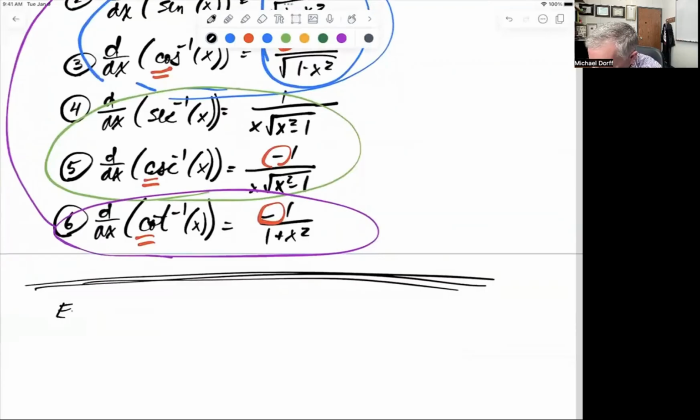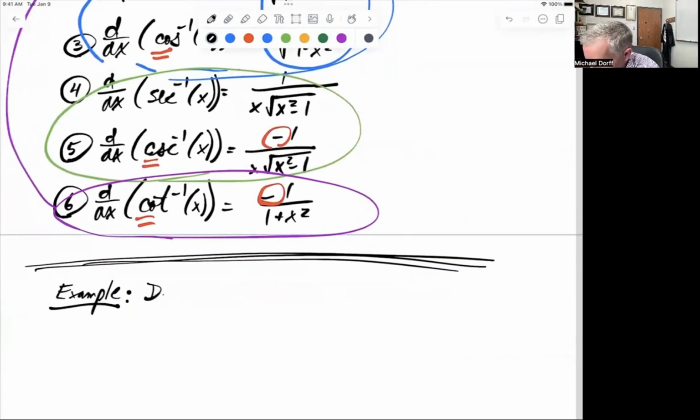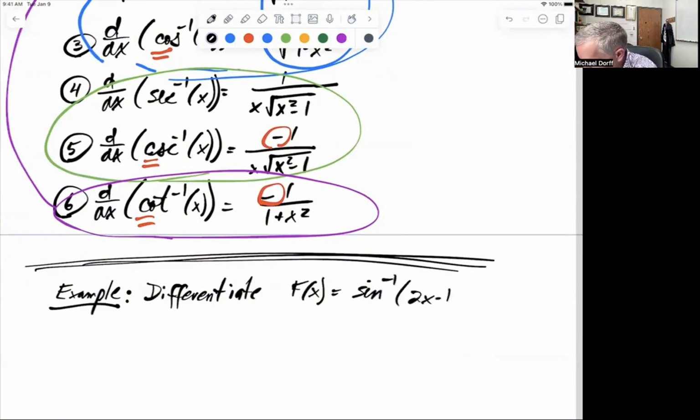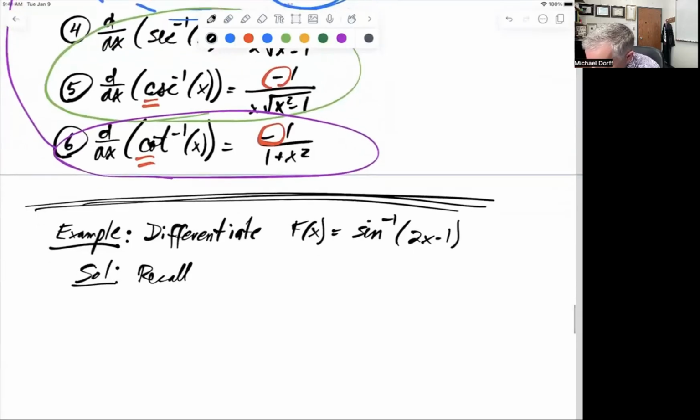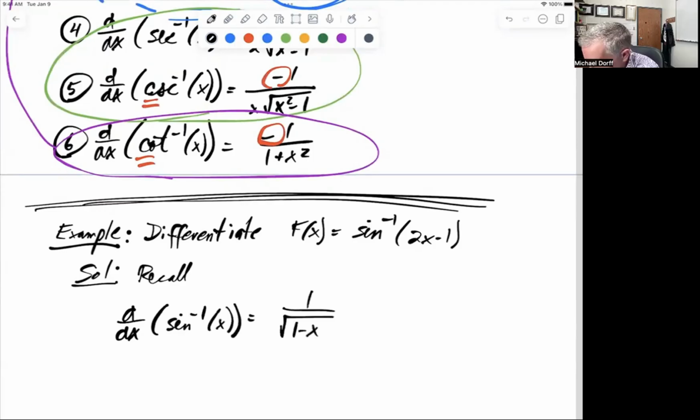Let's give an example of this, because it's not just a straight plugging in. We want to differentiate capital F of x equals the arc sine, or inverse sine, of 2x minus 1. Now recall the formula for the derivative of inverse sine: the derivative of inverse sine of x is 1 over the square root of 1 minus x squared.